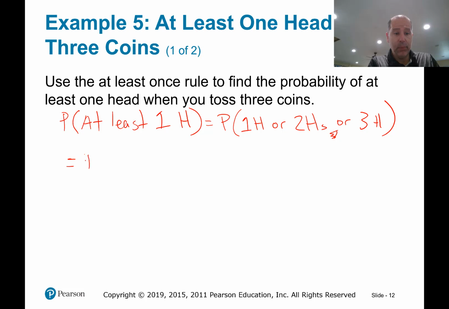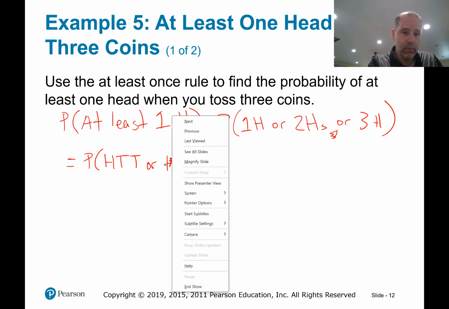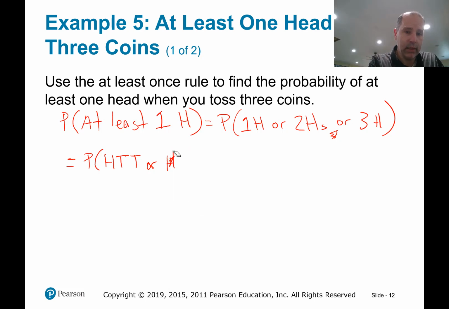Well, that would mean the probability of getting H tails or tails, heads, tails, or tails, tails, heads, or now we're going to get two heads.